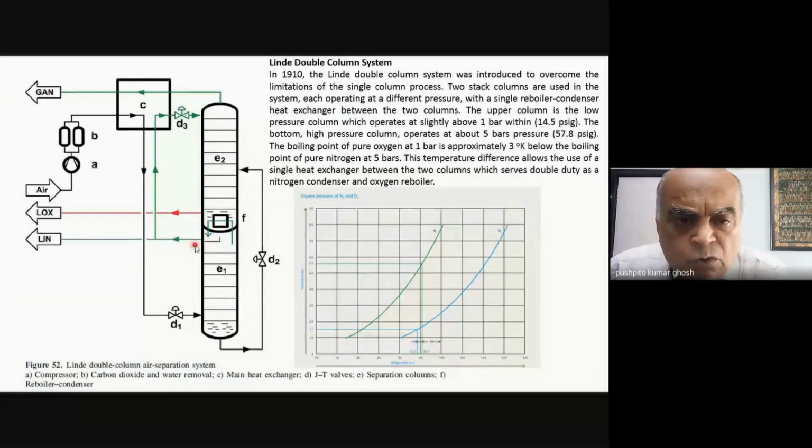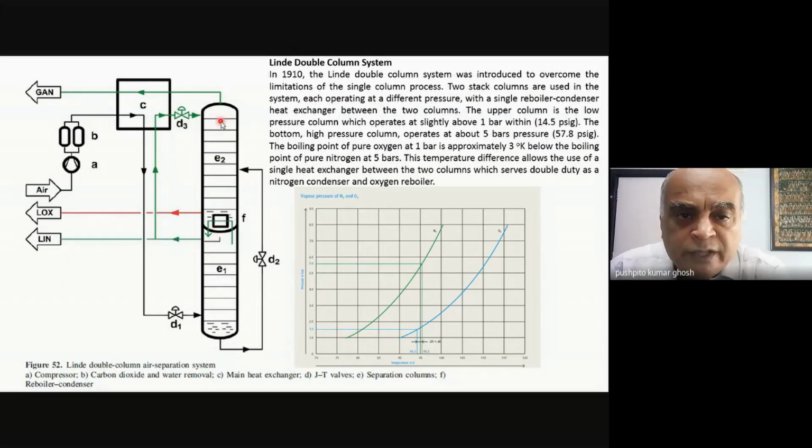Now you can either drop that nitrogen as liquid nitrogen, or part of it you may also want to take into the top part of the low pressure column, and it effectively does two things. One is that it will be at a very low temperature, so it will allow for the rapid liquefaction of the oxygen because the temperature is low, and in turn, of course, it will become a gas.